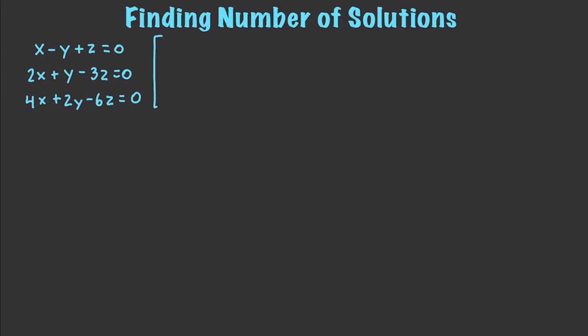Okay, so let's go and put this in an augmented matrix. This is going to end up being 1, negative 1, 1, and 0. 2, and 1, and negative 3, and 0. And 4, 2, negative 6, and 0. All right.